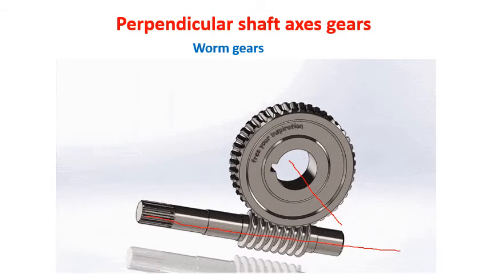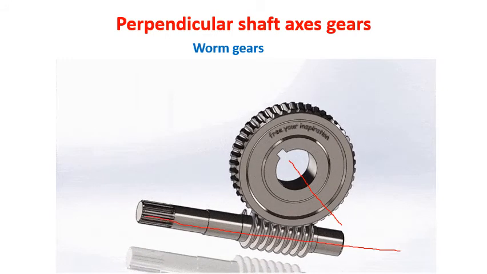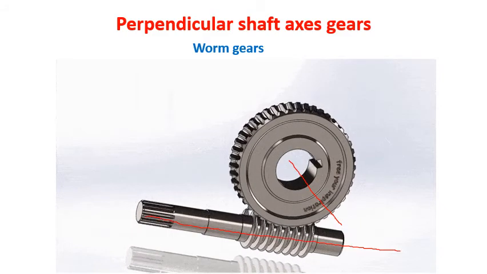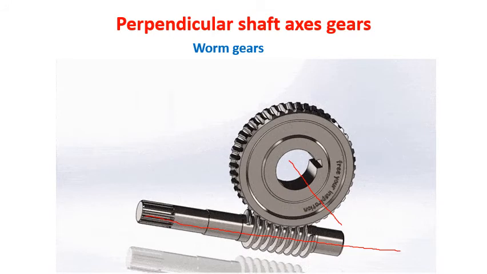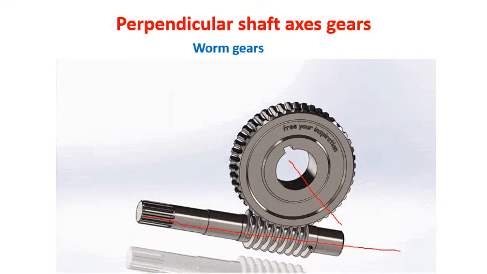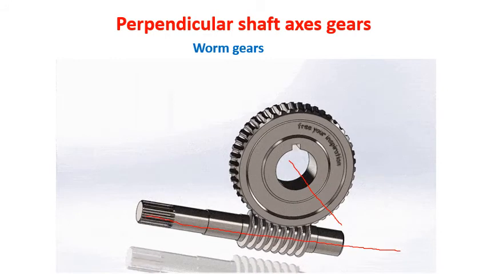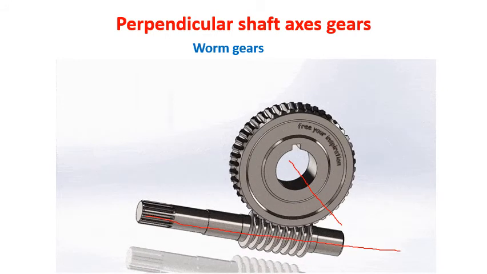This worm drives a worm gear or worm wheel while transmitting the motion, and in this type of gear the worm and worm gear have the same hand. The worm and worm gears are used when a large speed reduction ratio is required from one shaft to another shaft.